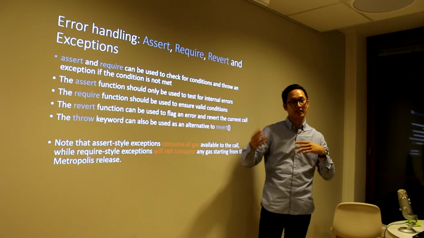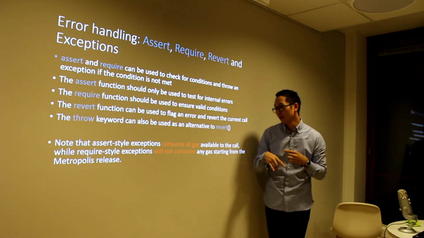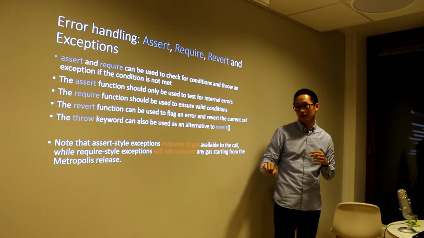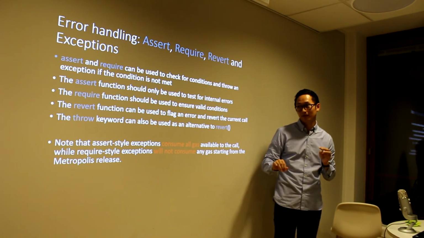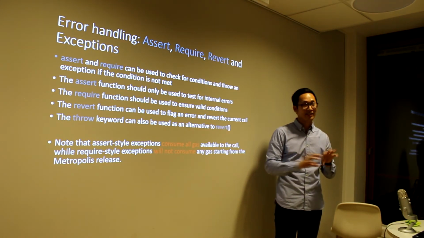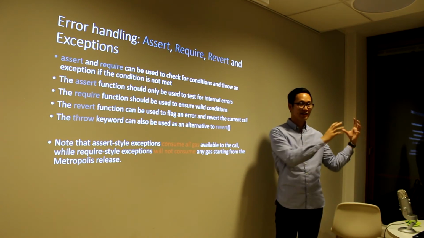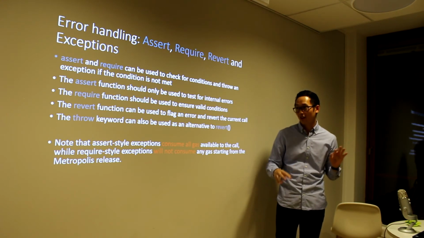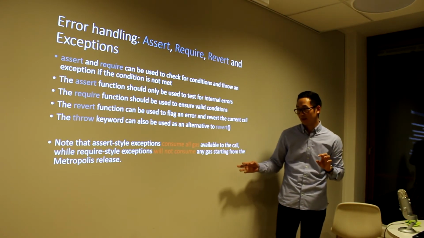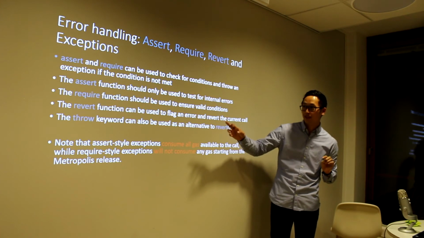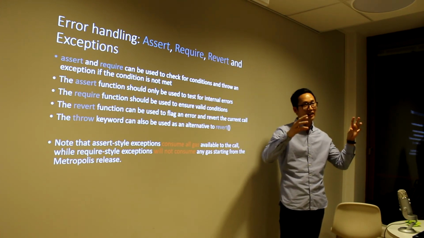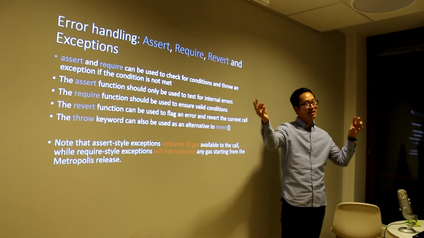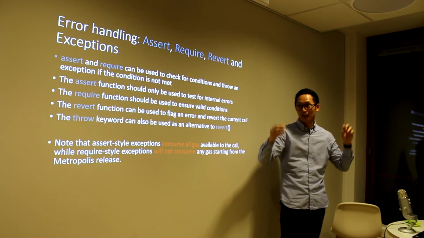Revert reverts the transaction. And after the Metropolis release, which is 2 parts, Byzantium and then Constantinople, if revert is called, then the gas left will be sent back to the sender.